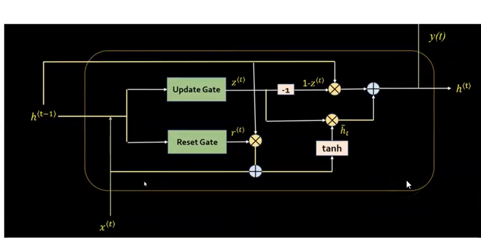Now this is the overall architecture. We have the update gate, reset gate, X of t, H of t minus 1, and here R of t and Z of t are the two outputs of the reset gate and update gate. Now this multiplicative function is nothing but the Hadamard operation.